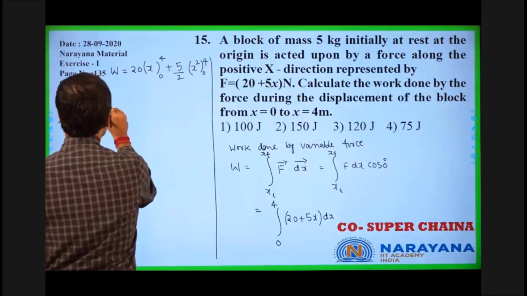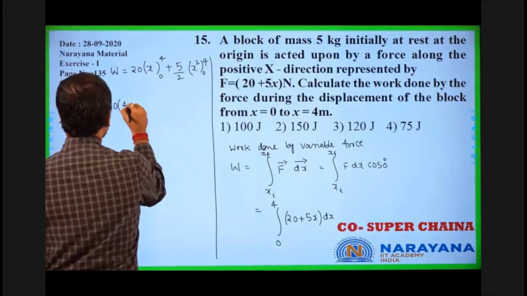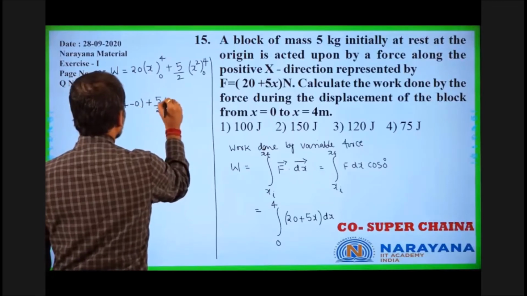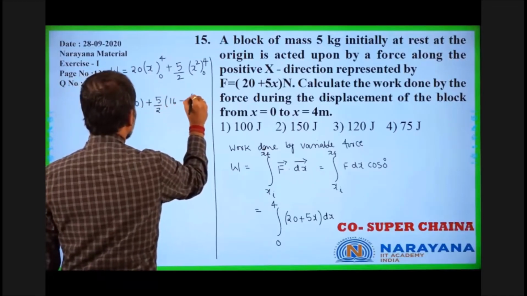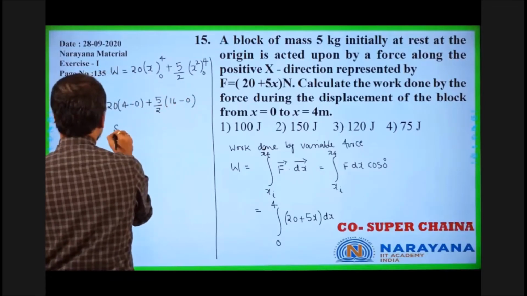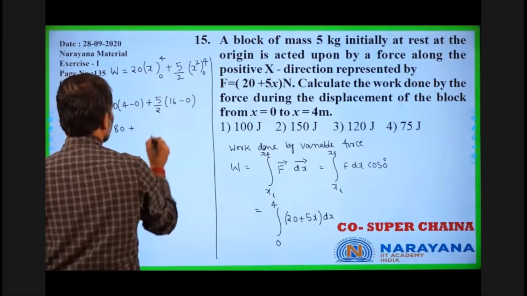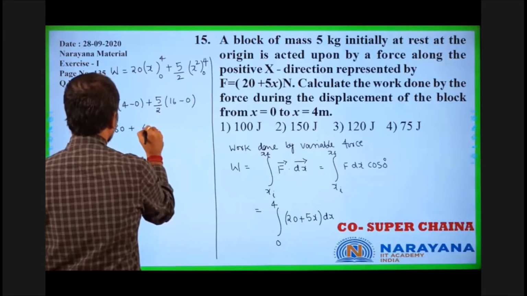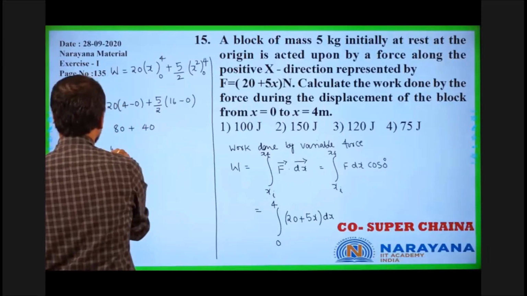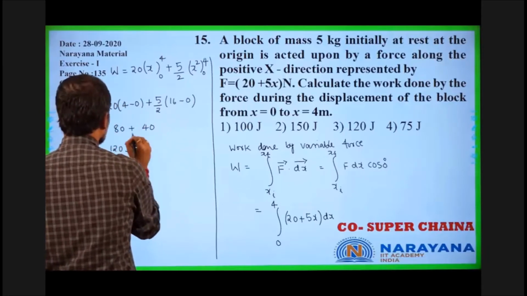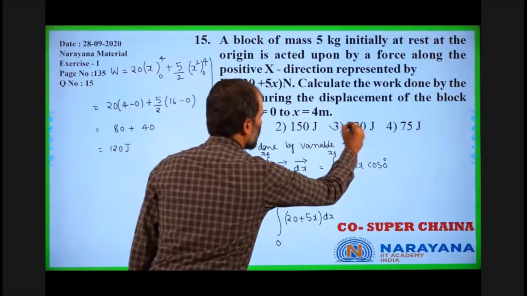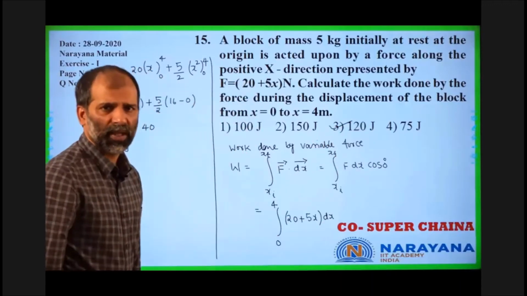Which is 20 into 4 minus 0, plus 5 by 2 into 16 minus 0. 20 times 4 is 80, plus 5 by 2 into 16 is 5 eights, which are 40. Which is equal to 120 joules, the work done here, which matches our third option.